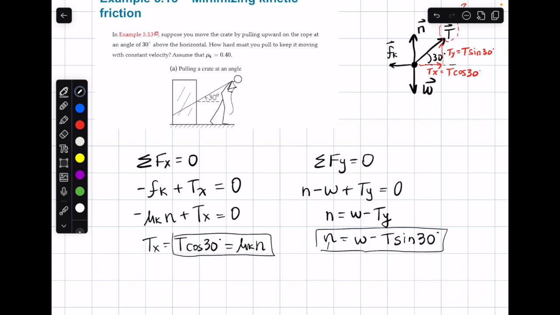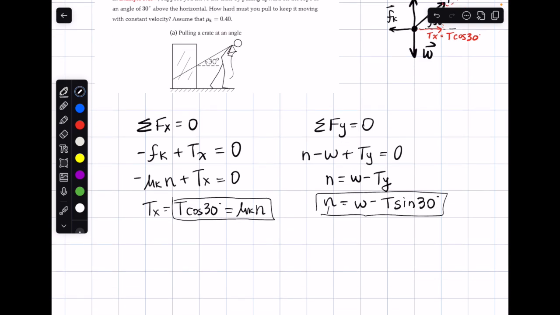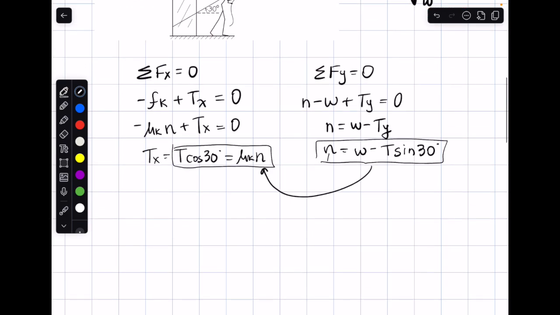I can solve for one of them and plug it into the other. So I'm going to solve here for N, which I already did, and I'm going to plug that N into here so that I can eliminate those unknowns. So I'm going to have T cosine 30 equals mu k, plugging in all that for N, weight minus T sine 30.